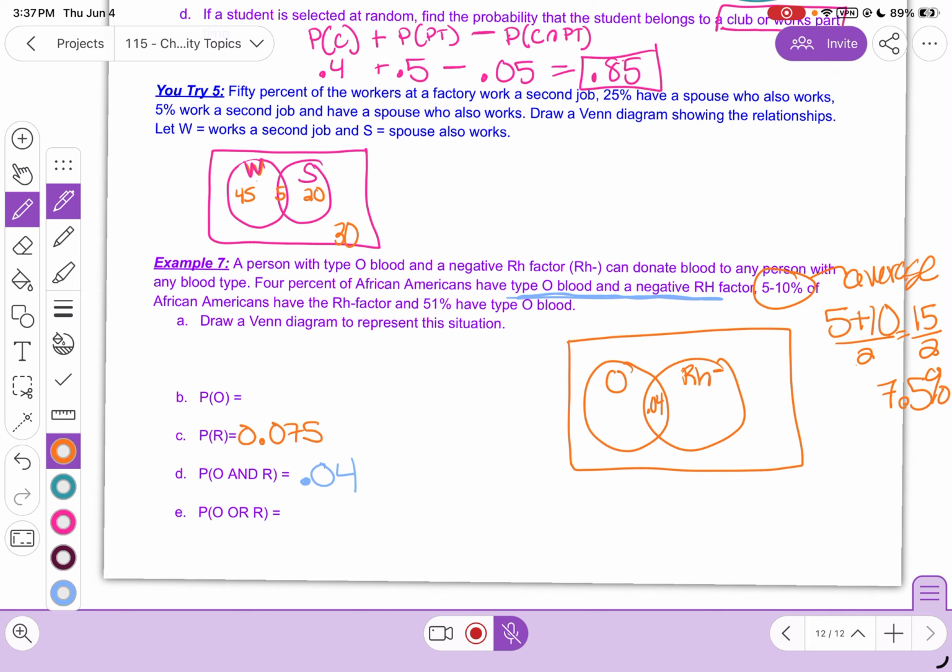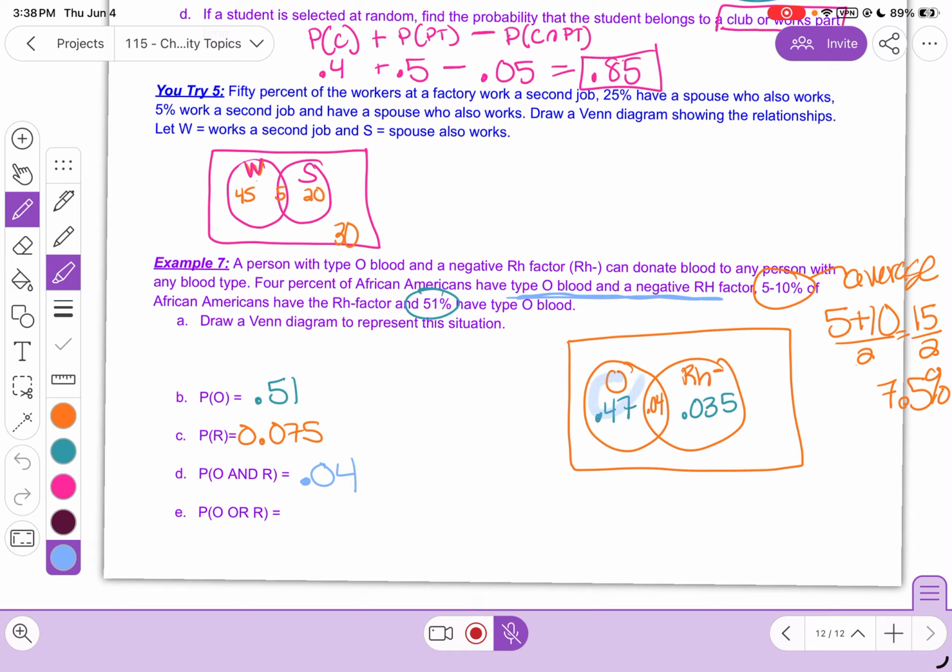So if we already have 0.04, 0.075 minus 0.04 is 0.035. We know 51% have type O blood. So 0.51 minus 0.04 is 0.47. Now we add all of these up.